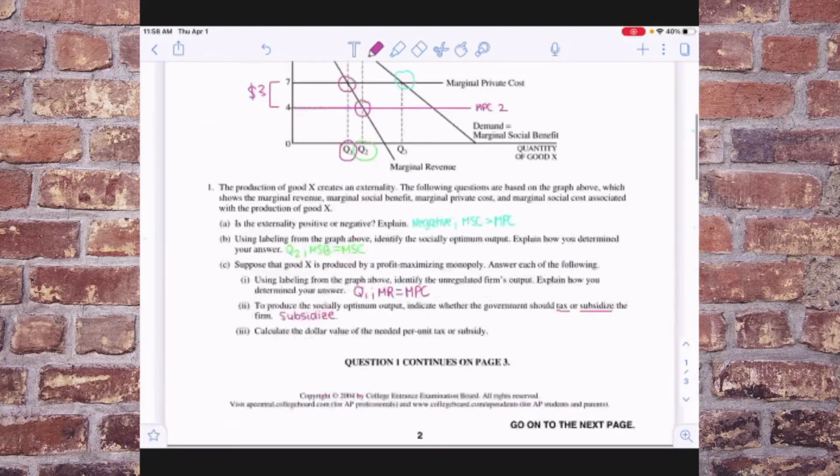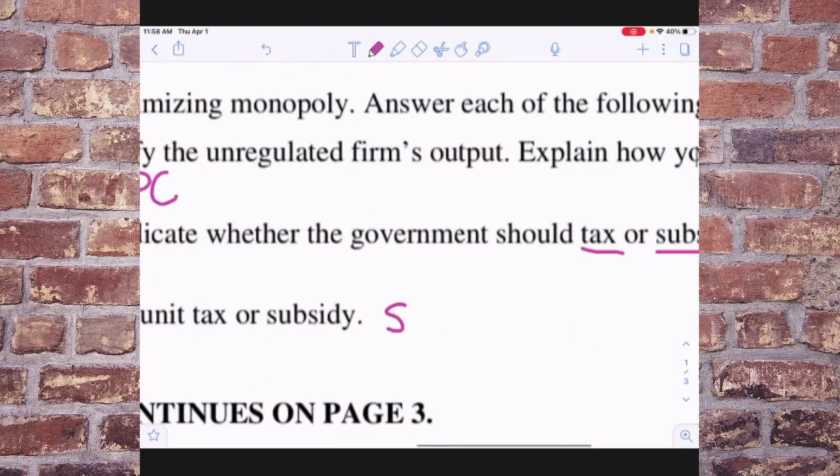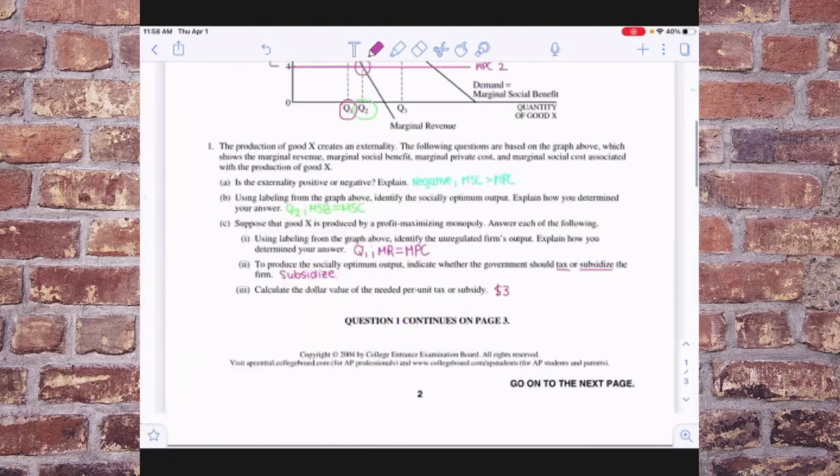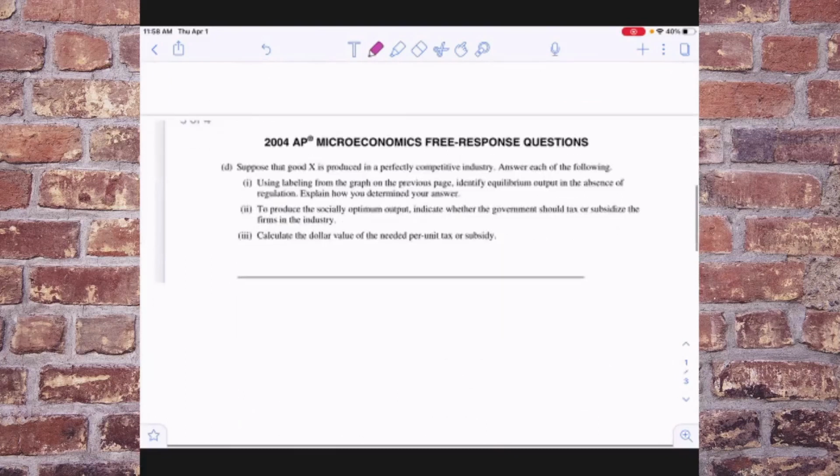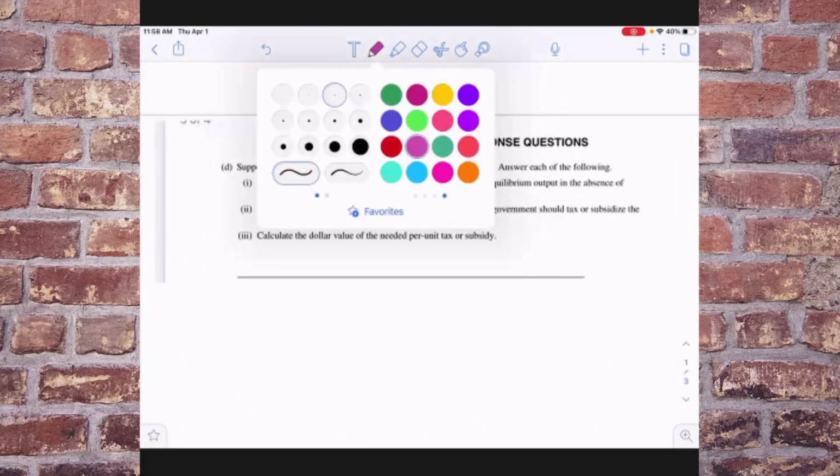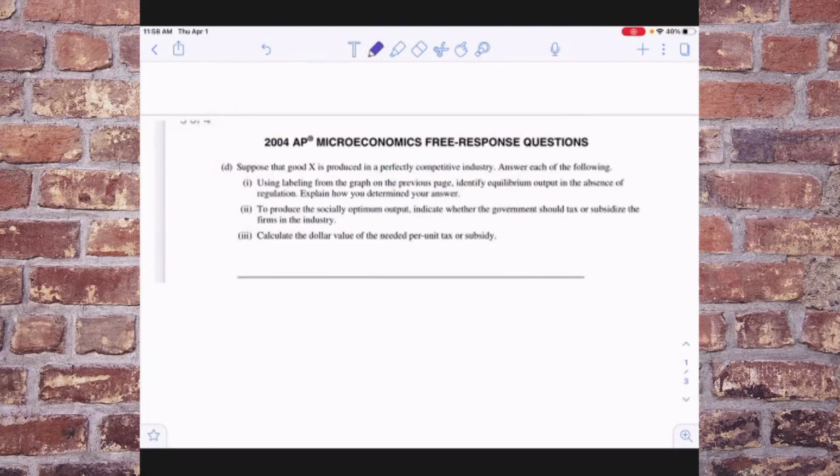All right. So now we have to go to part D. Suppose X is produced in a perfectly competitive industry. Answer each of the following. Using the graph, what's the output in the absence of regulation? Explain how you determined it.